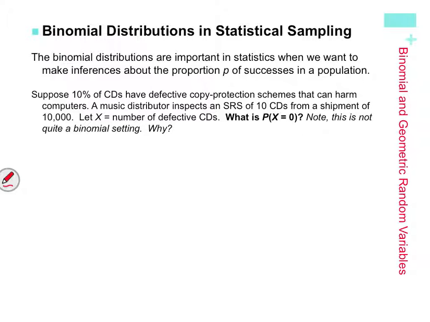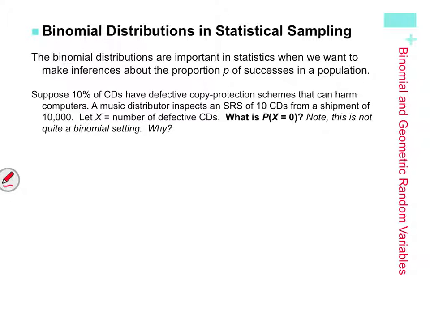So the distribution of X is very close to the binomial distribution with n equals 10 and probability here 0.1, yes, 10%, okay? But it isn't quite a binomial setting.